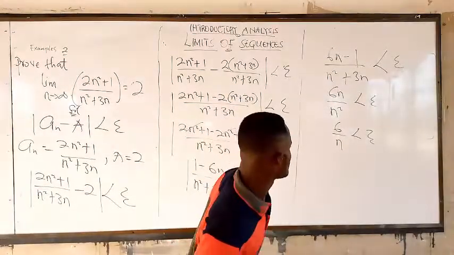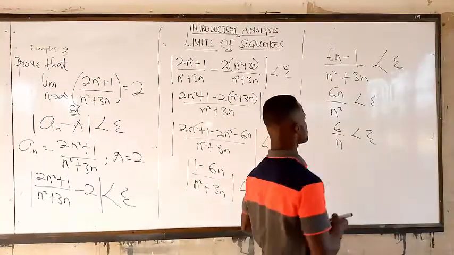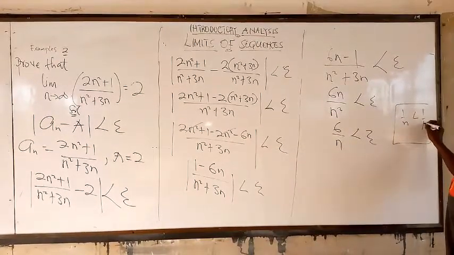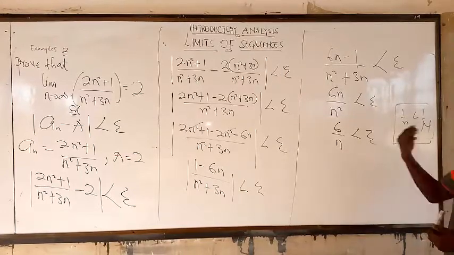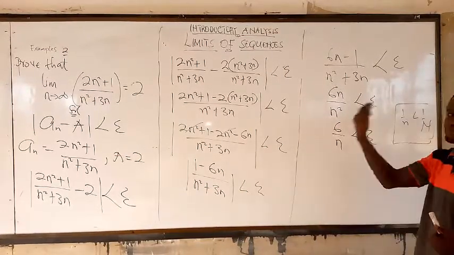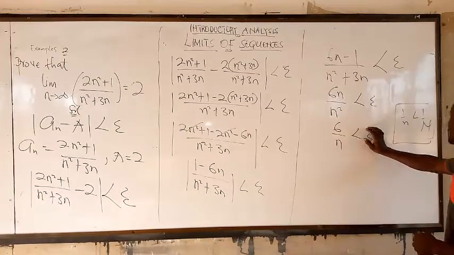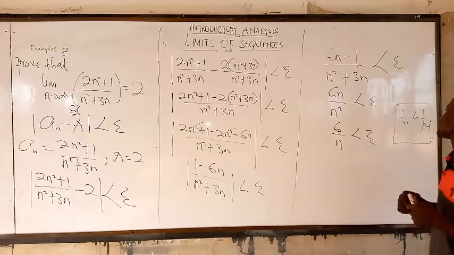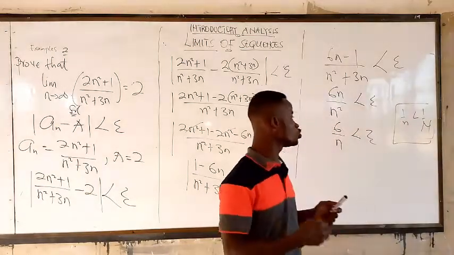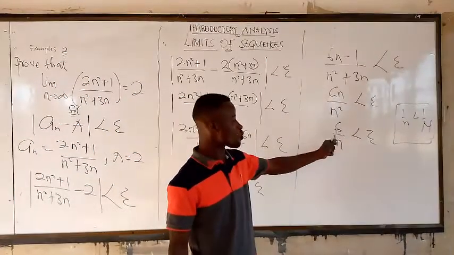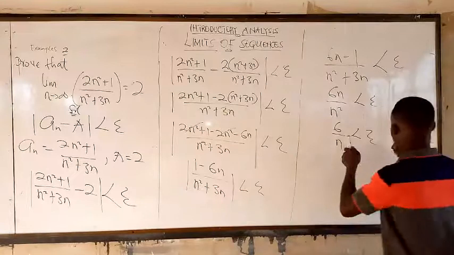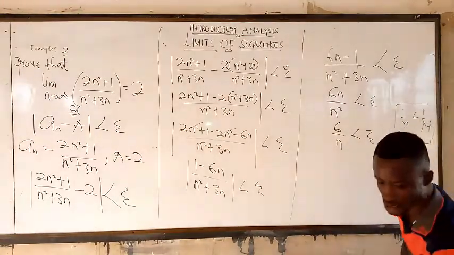And from the definition, we know that 1 over n is less than 1 over capital N. From our previous example, we established that when you get to this side, the epsilon is 1 over n. But please, it's not always the 1 on top. The numerator is not always 1. It depends on what is on the left hand side here. So looking at what is on the left hand side, we don't need to write 1 here, but rather what?